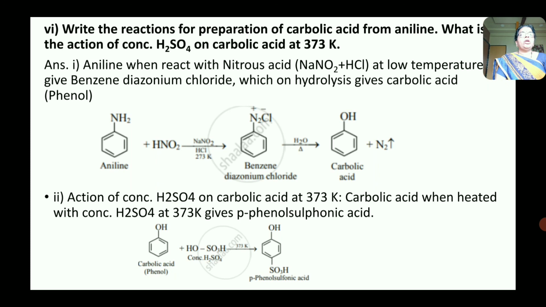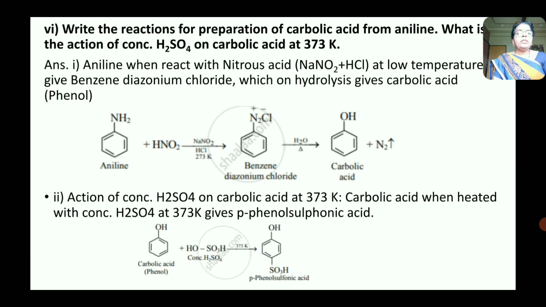Now second question, what is the action of concentrated H2SO4 on carbolic acid at 373 Kelvin? Now here we have seen that when phenol is treated with concentrated sulfuric acid at lower temperature, then we'll get orthophenol sulfonic acid.